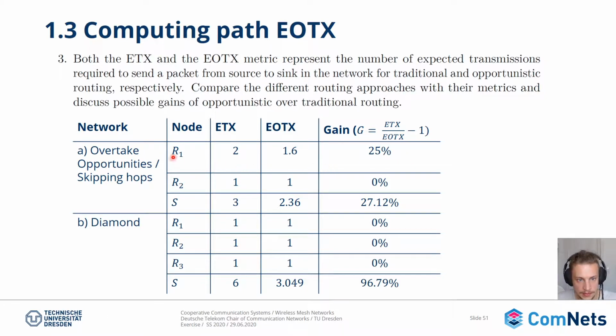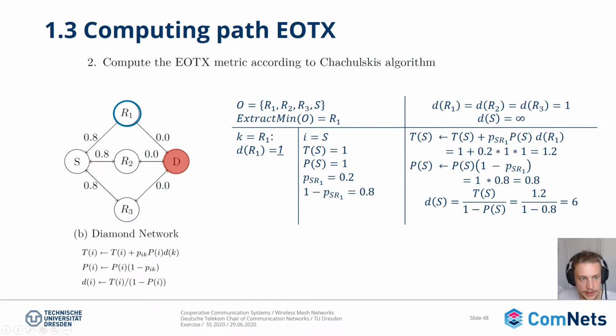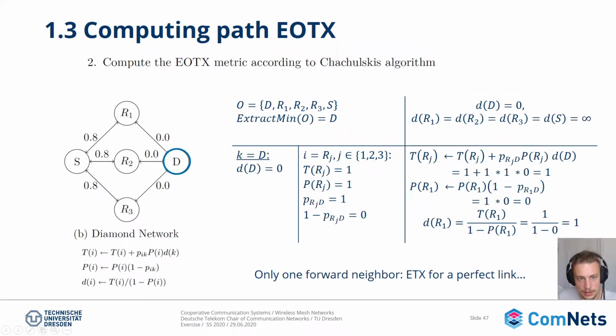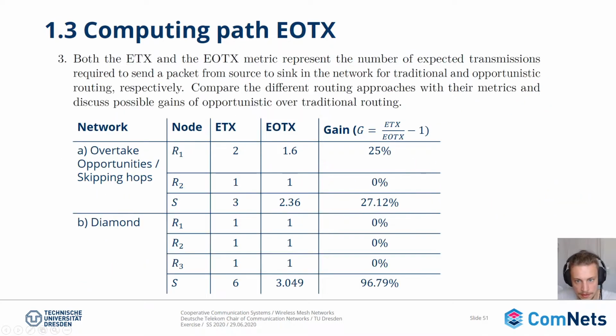Where we can see that for node R1, if it uses R2 as a relay whenever necessary, but the transmissions that directly go to D are used, then we can save up to 25% of transmissions.